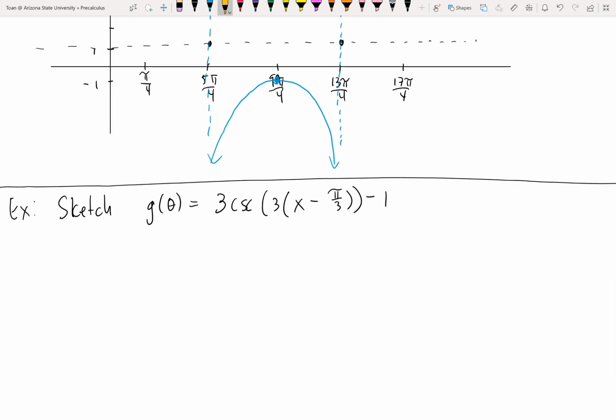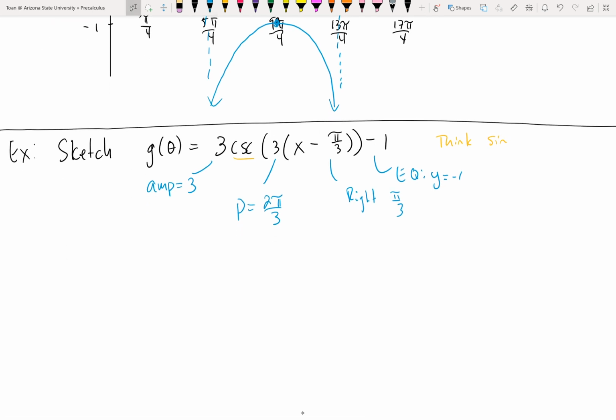Since it's cosecant, I'm going to think sine. So then list all the transformations. We have an equilibrium of negative 1, y equals negative 1. We have a right shift of pi thirds. We have a new period of 2 pi over 3, and there's nothing I can simplify there. And I have an amplitude of 3.